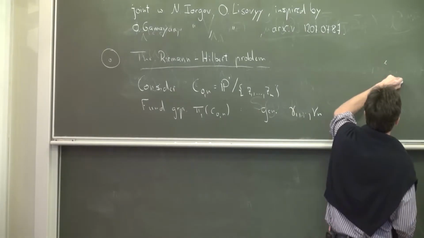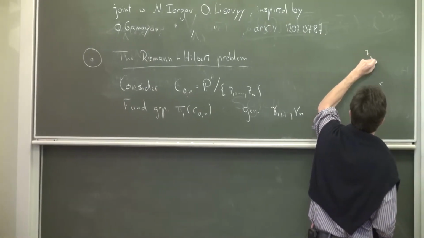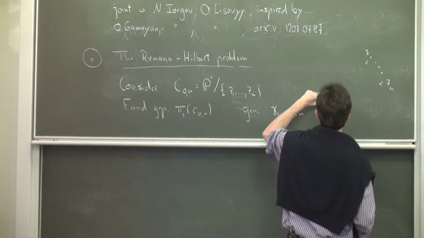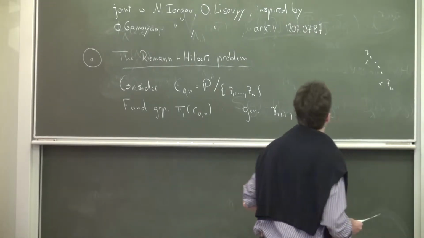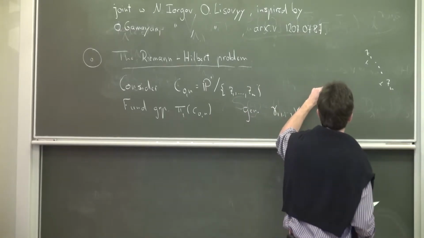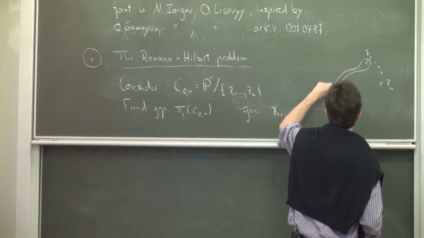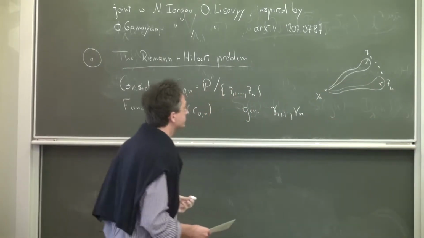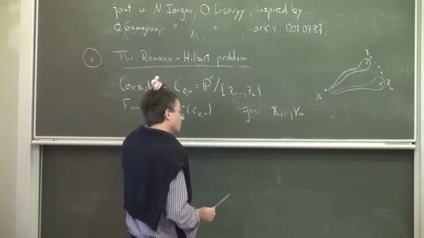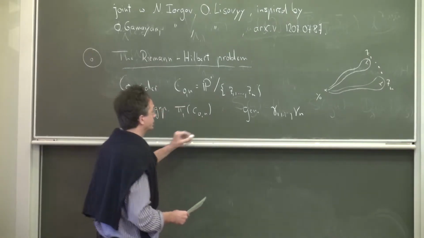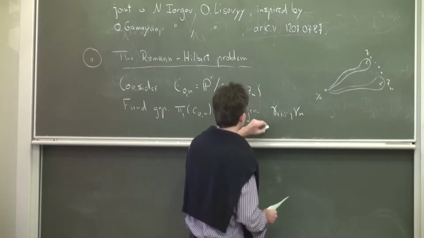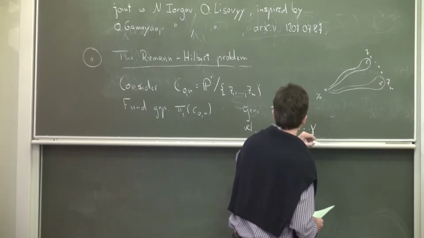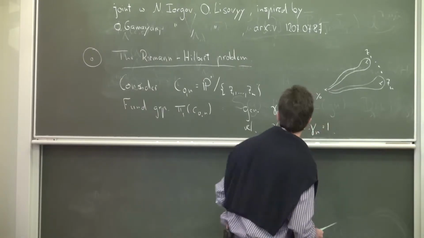So if these are, say, z1 to zn, and maybe I choose a base point, as I will often do, y0, then I can think of these generators being represented by closed contours starting at y0 and encircling these punctures once. And there's, of course, just one relation: gamma 1, gamma 2, and so on, taking the product of all of them is to be trivial.